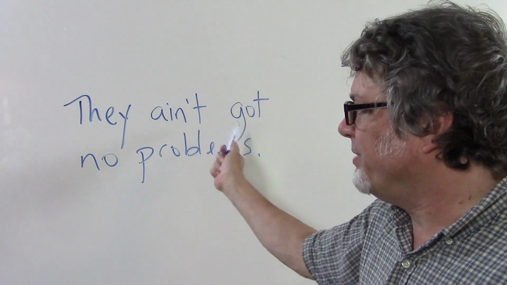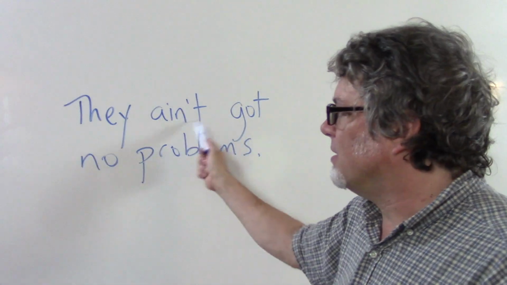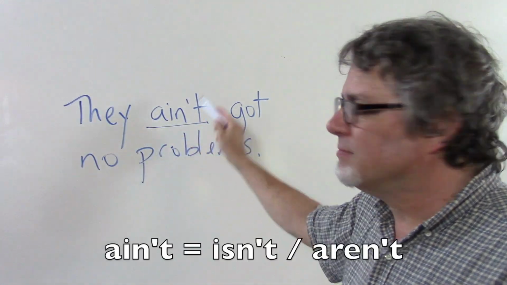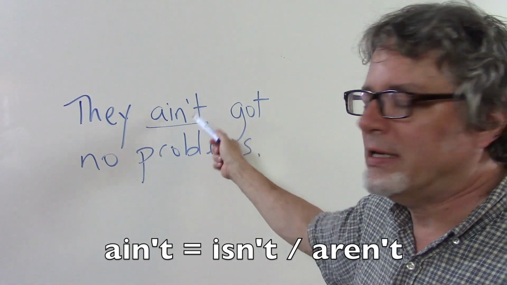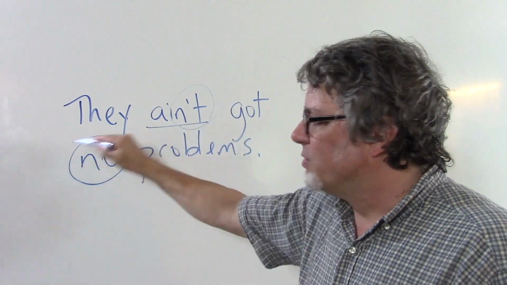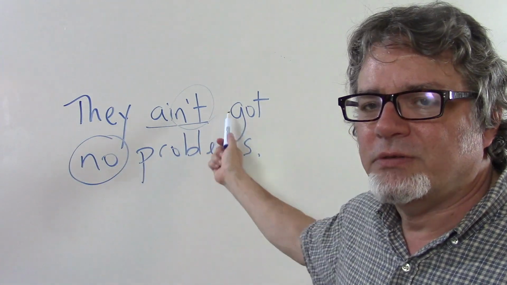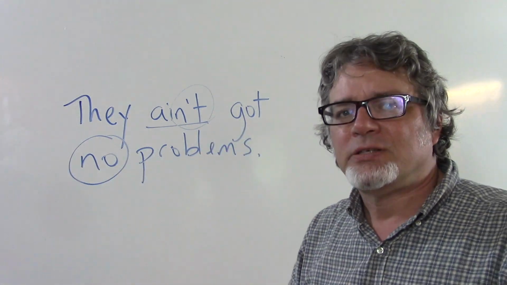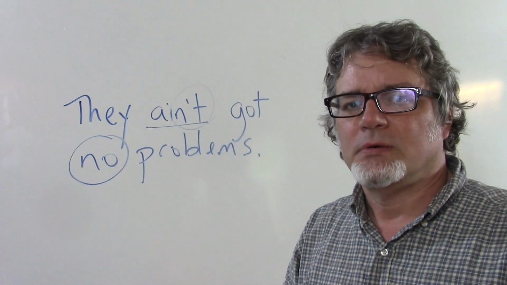And there are a couple things wrong with this. One is this word, ain't. It's heard in spoken English. But here's a negative, and then this is also a negative. And we generally try not to use double negatives.